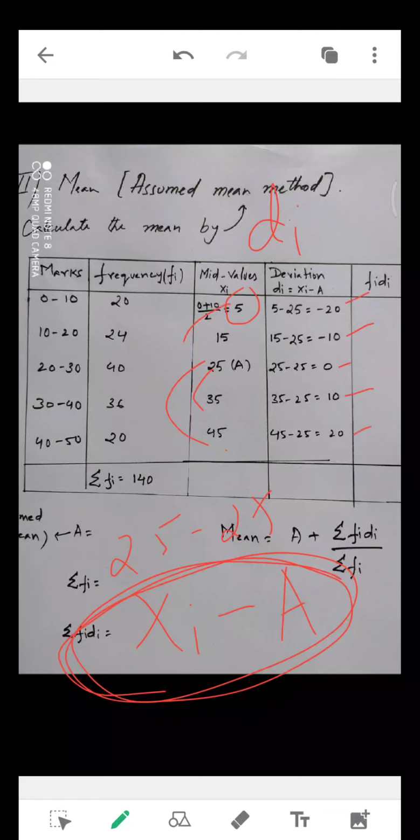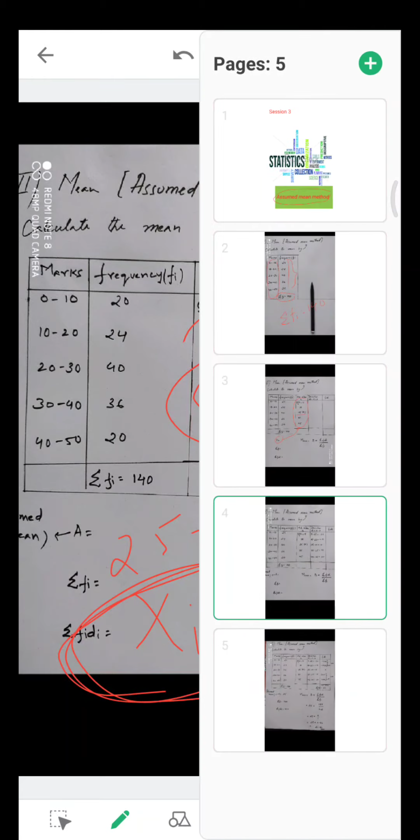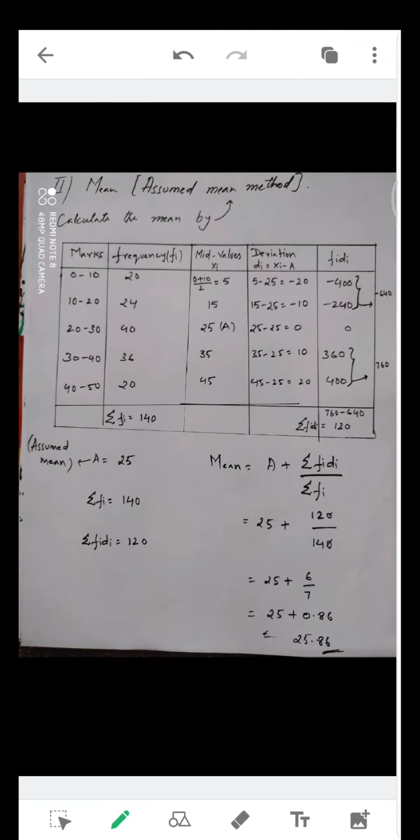Now what is the last column left over in our question? The last column is fi di. Now how to find fi di? For finding fi di, we will multiply the fi and di columns.